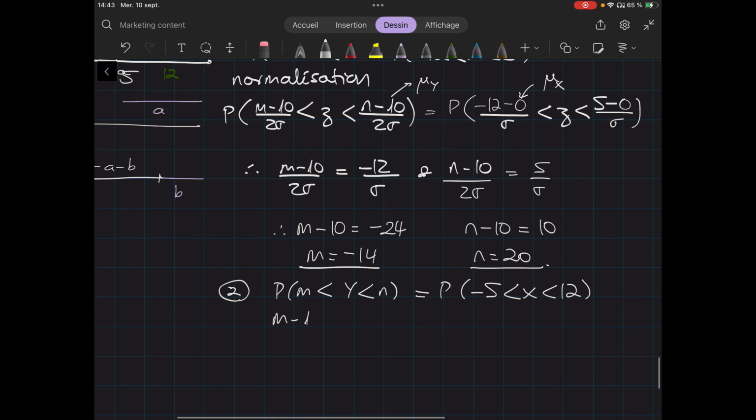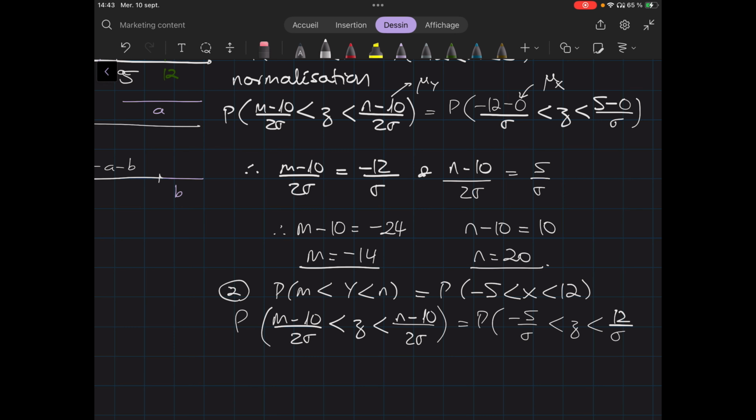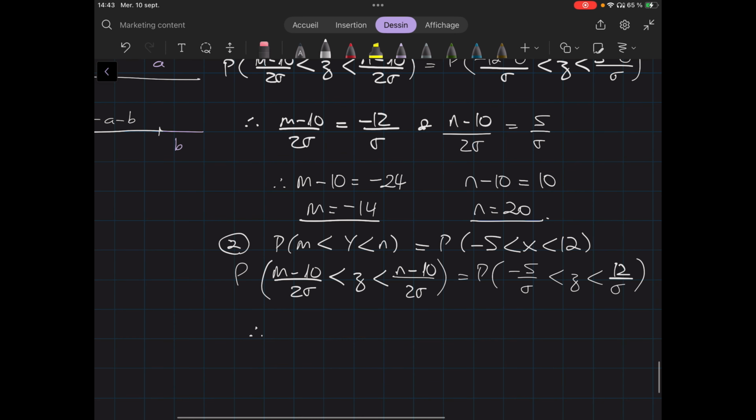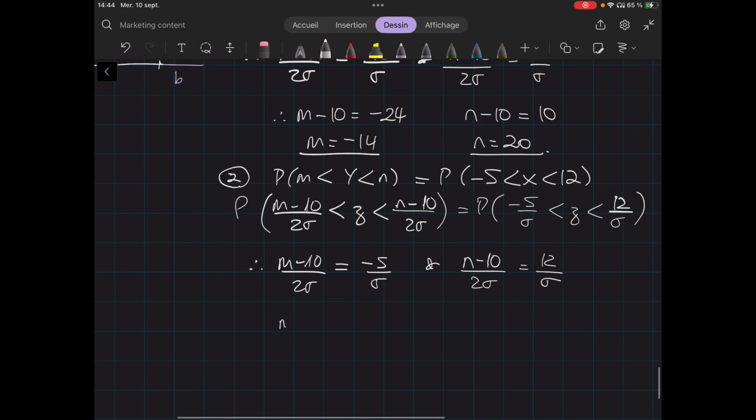Normalizing this, we'll get (n minus 10) divided by 2 sigma is equal to negative 5 divided by sigma, and (n minus 10) divided by 2 sigma is equal to 12 divided by sigma.